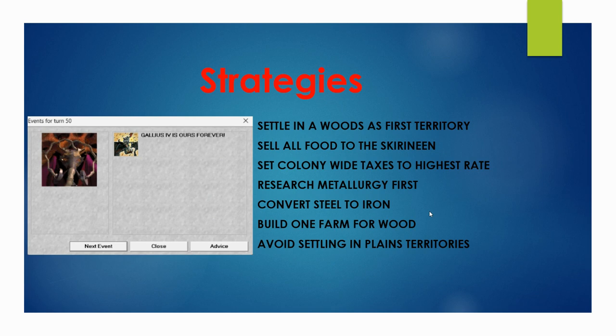I say research metallurgy first, then convert what remains from iron to steel. Basically, you will have to build a university to tech metallurgy, and you will have to build a factory to convert the iron to steel. I think you should also probably build a power plant first.